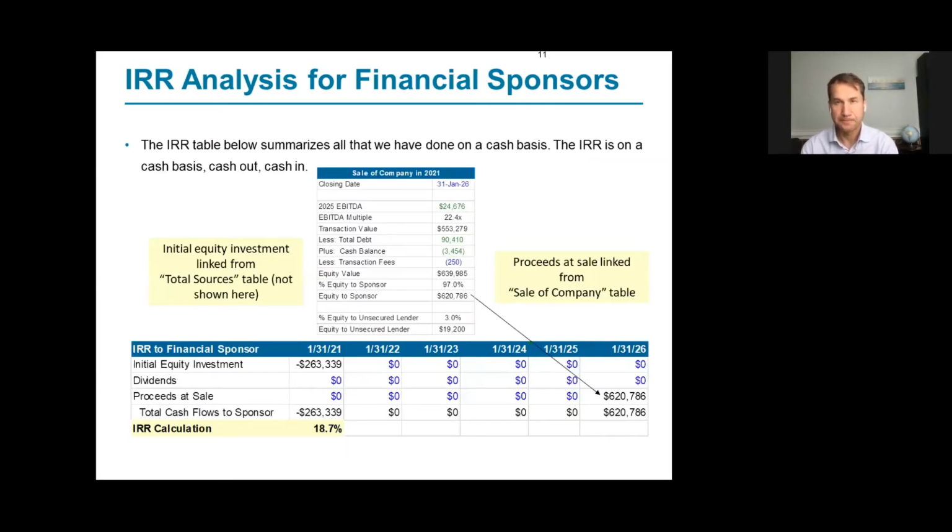And in this calculation, basically the initial outflow for the private equity sponsor is their equity purchase price. That's in year 2021. For simplicity, we're not going to assume any dividends, but you could have them. And then on sale, again, nothing happens until you actually sell the company. And that's when you get this number I just talked about, 620 million for 97% of equity.